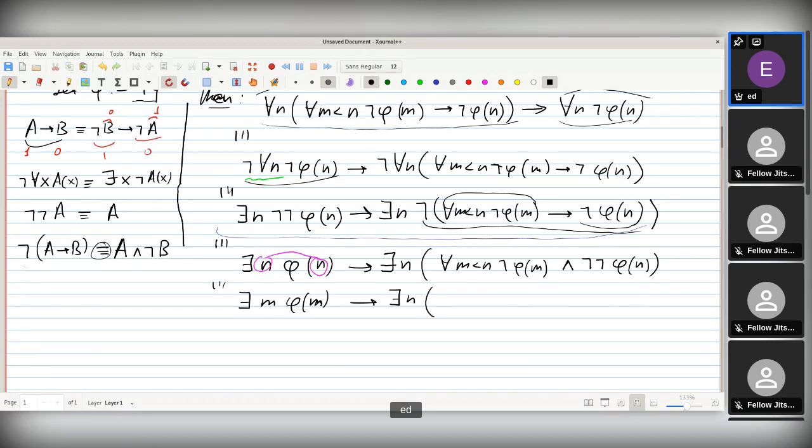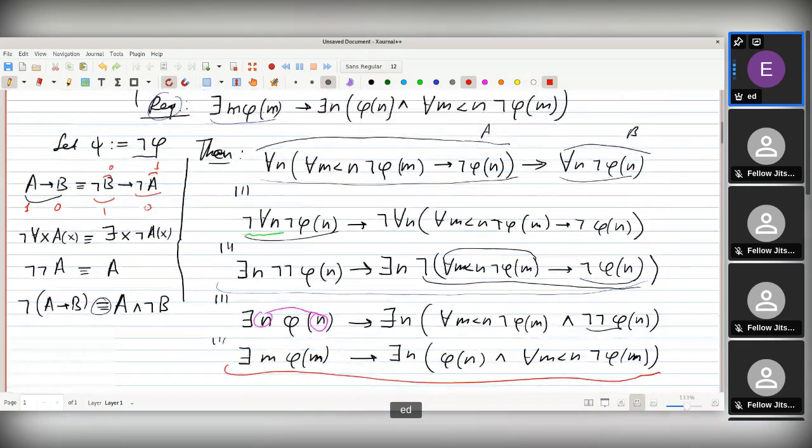First of all, I want to get rid of double negation. So here I have phi of n, and for every m less than n, not phi of m. What is it? Look.